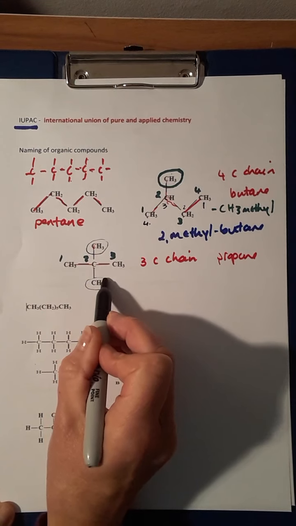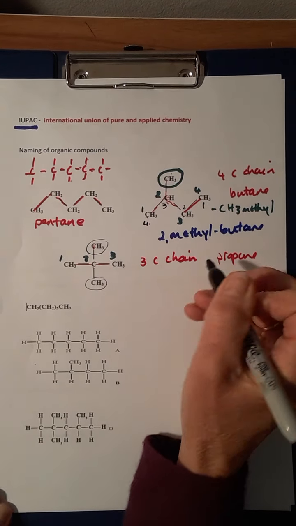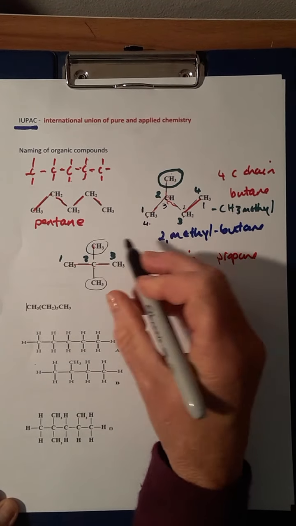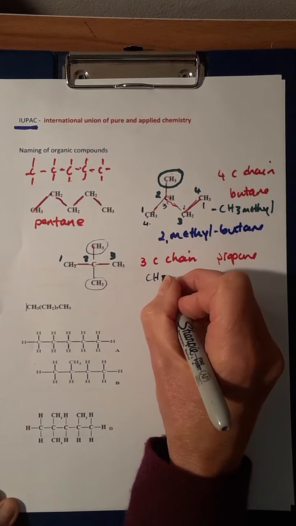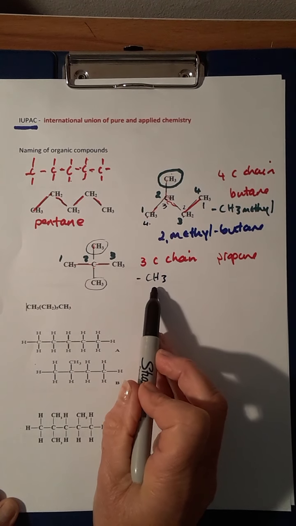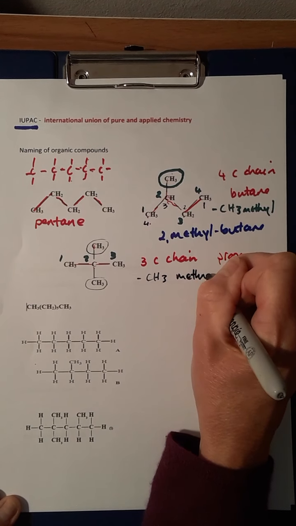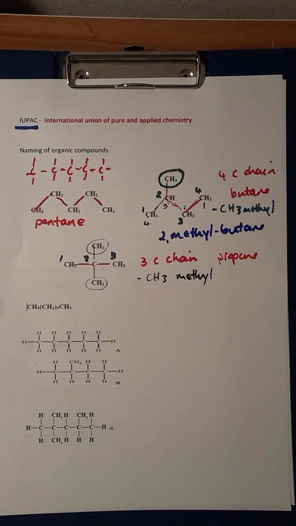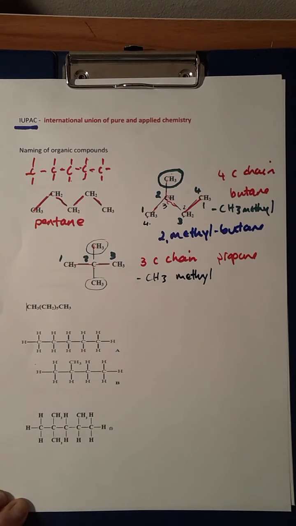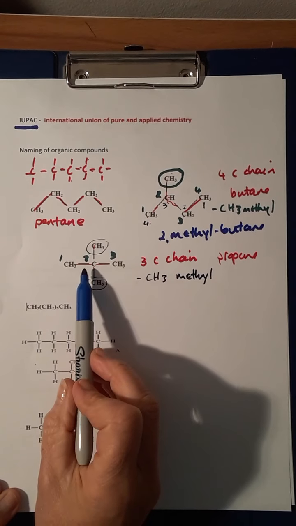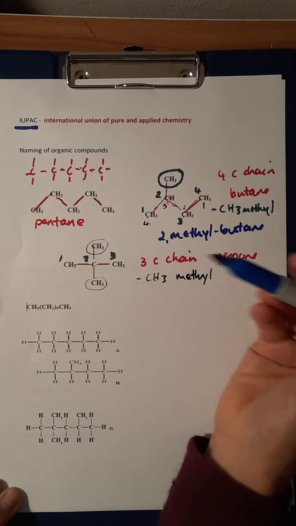The substituent groups are CH3s, and remember, the CH3s come from methane, so these are methyl groups. Because I've got 2 of them, one at the top, one at the bottom, they're both attached to carbon number 2. They're both on the second carbon.